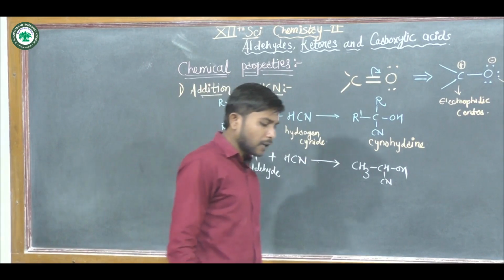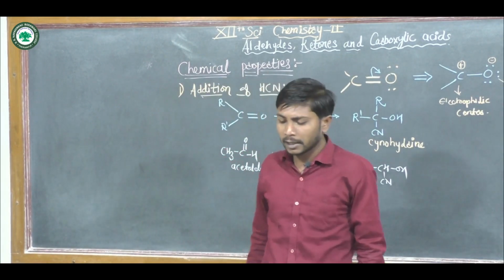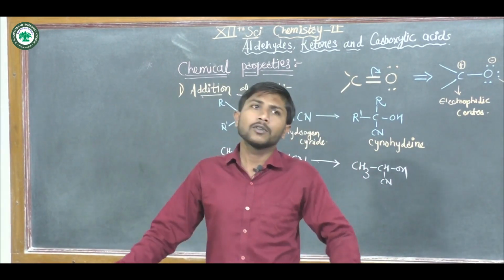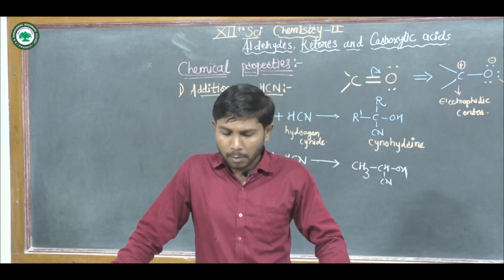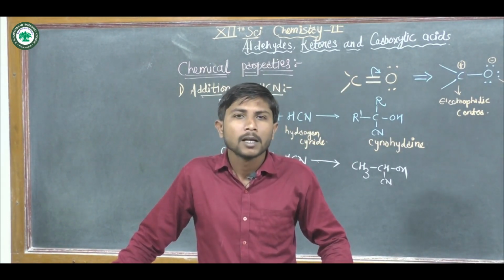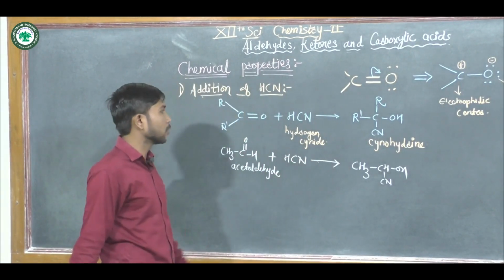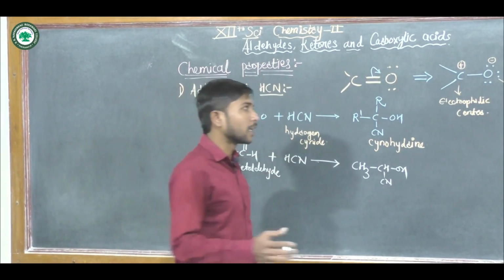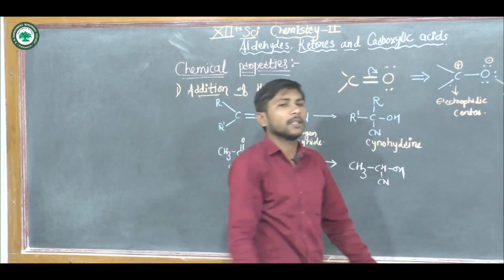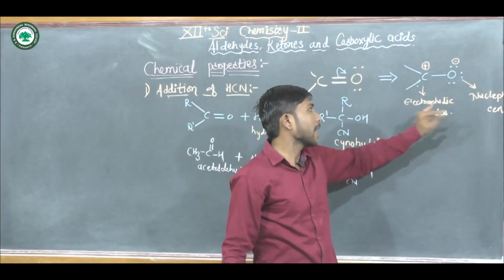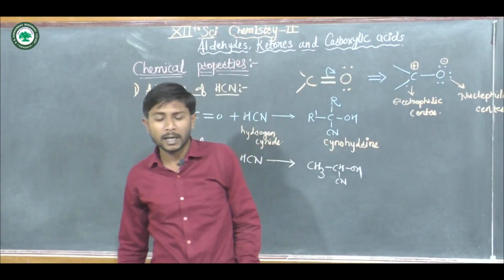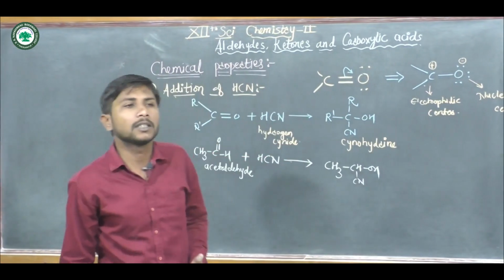Then there are different types of reactions we are going to see. The next reaction is the reaction with sodium bisulfite. Sodium bisulfite also reacts with the carbonyl group. Just keep in mind, due to the polarity, the carbonyl carbon acts as an electrophilic center where the negative part of the reagent attacks.